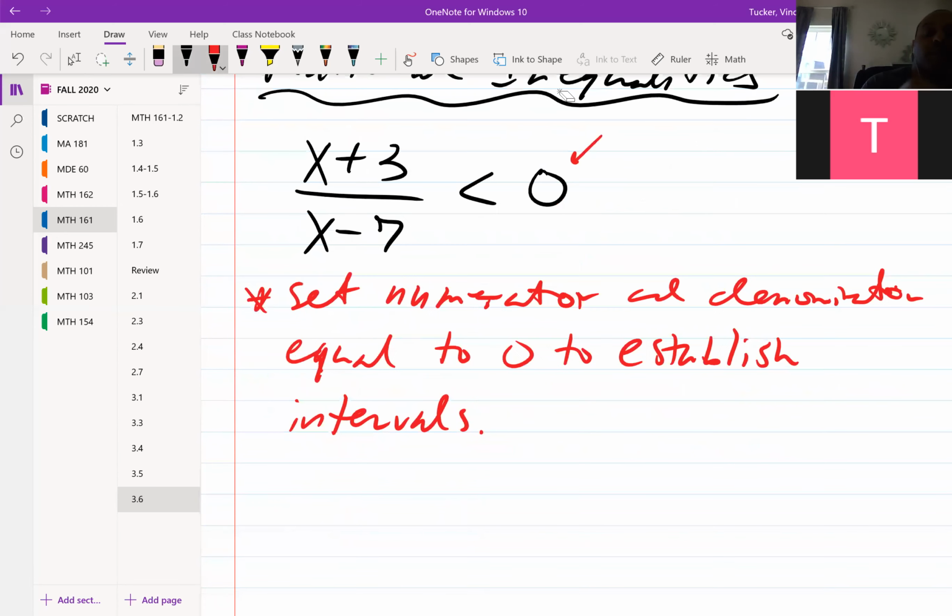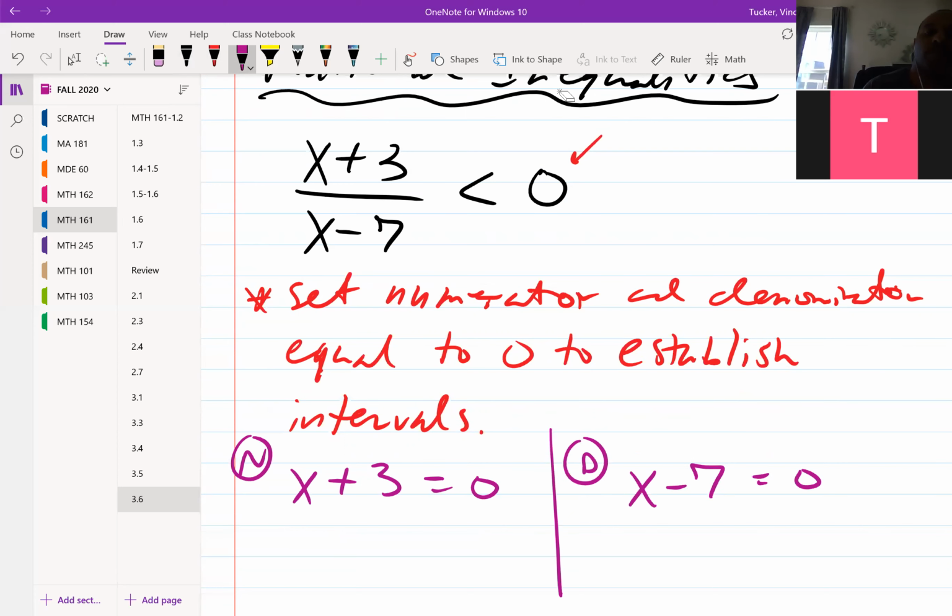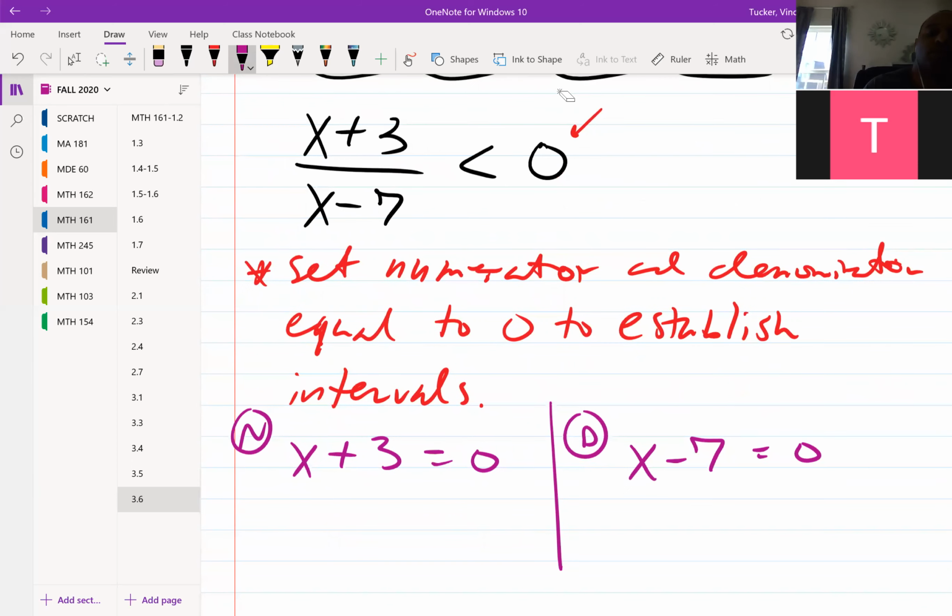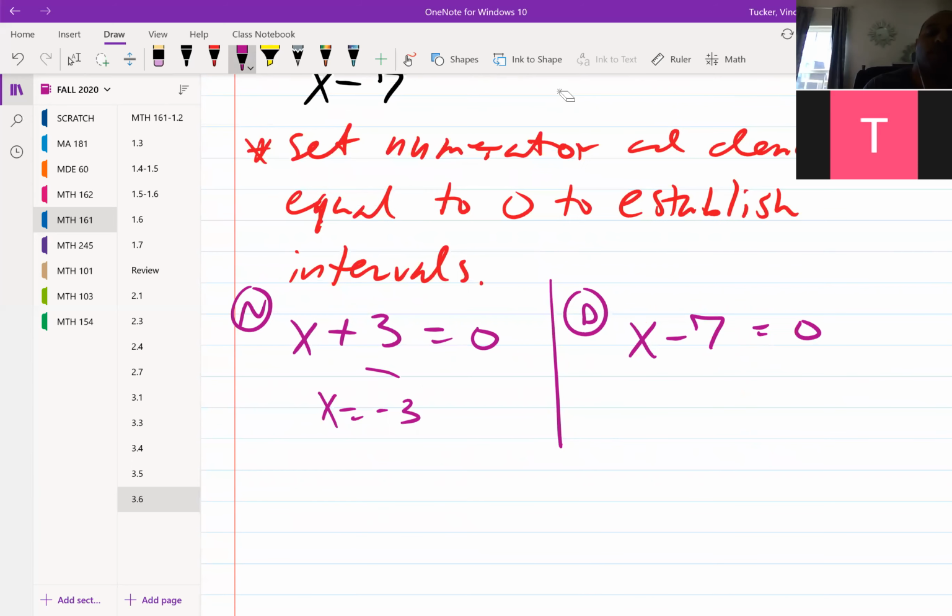So we have x plus 3 equal to 0, that is coming out of the numerator. Then coming out of the denominator, x minus 7 equal to 0. This will be negative 3. This will be positive 7.